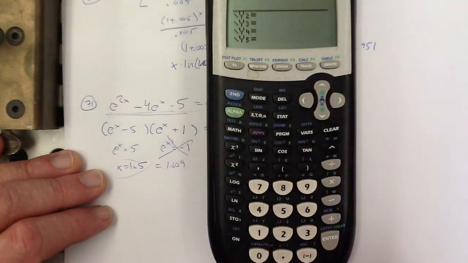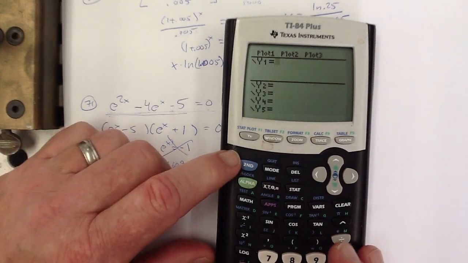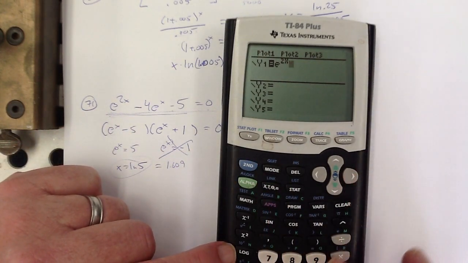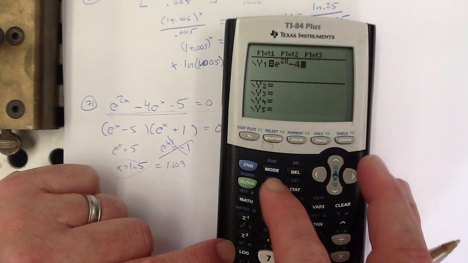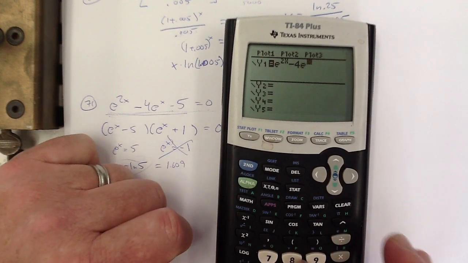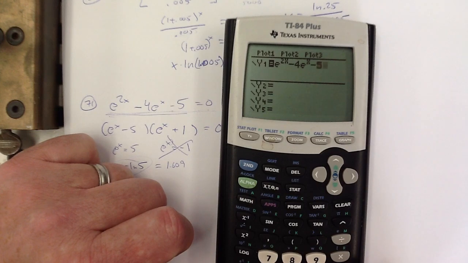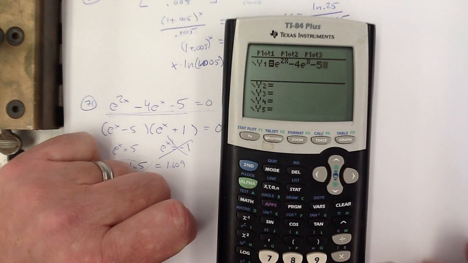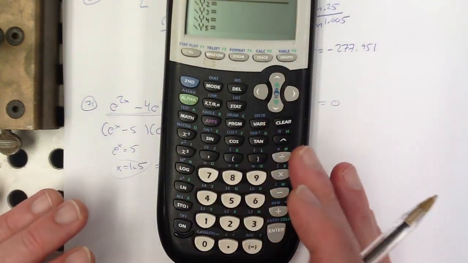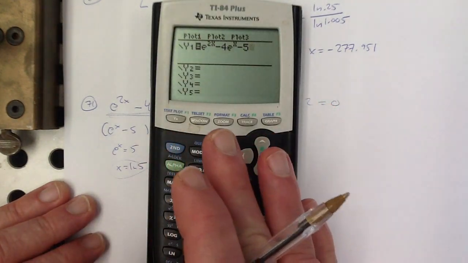So just going to enter this in, e to the 2x minus 4 e to the x minus 5. Now, I don't know what the last thing that I graphed was, so I don't know what my window is.